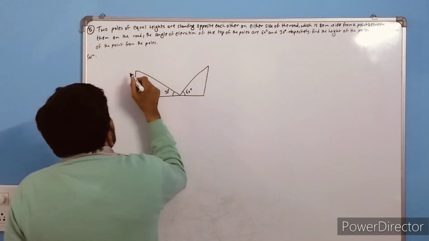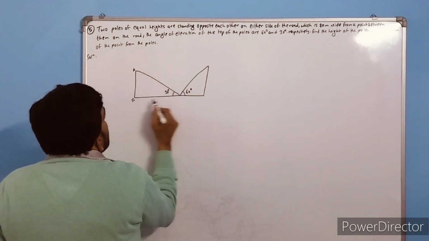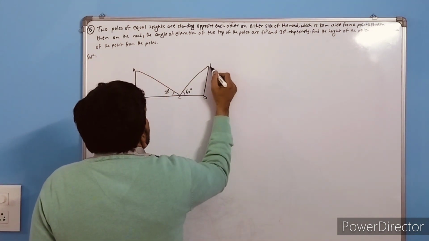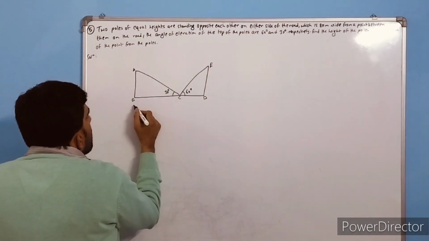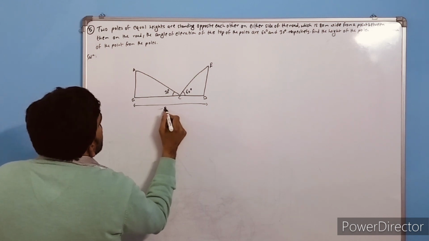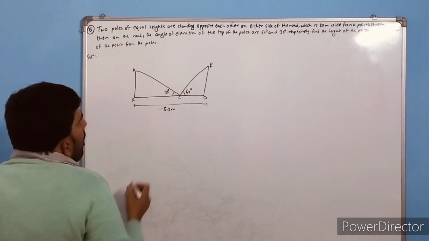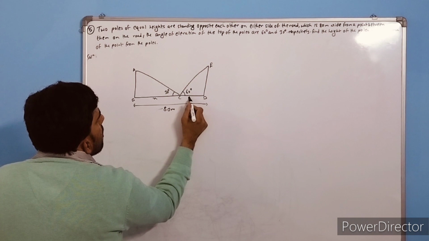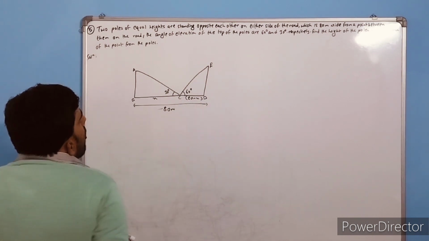Now what needs to be done? Let us see. This total distance is given, that is 80 meter. Let us take this as x and this as 80 minus x.